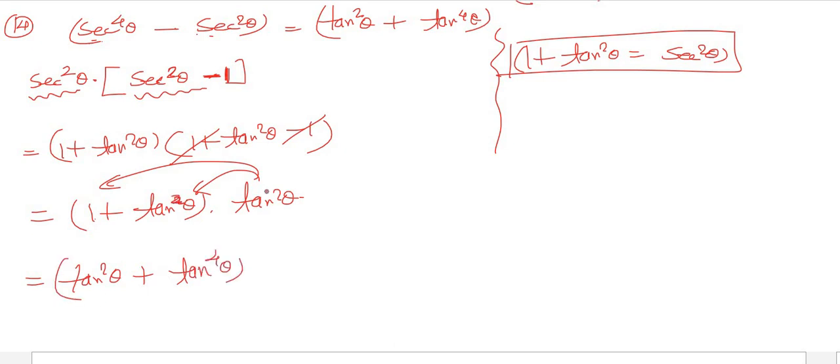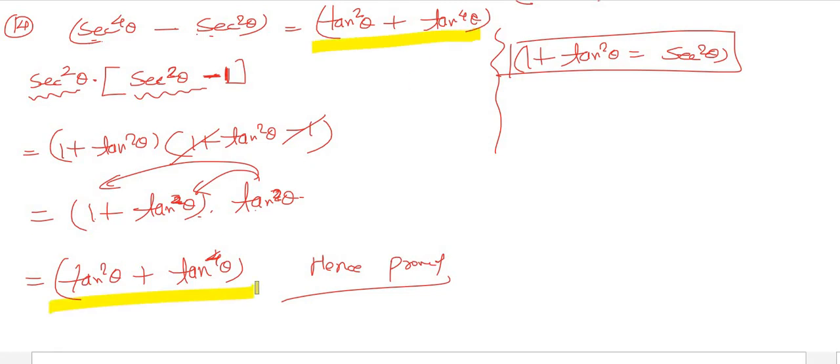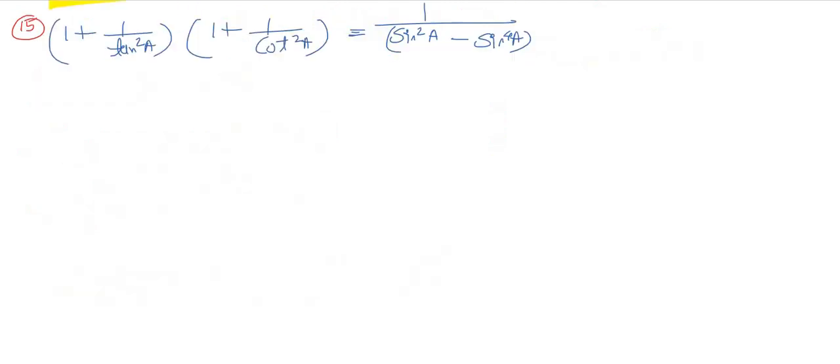Because this is a square and square into square will become power 4. So I feel it is hence proved. See, this is matching. Next question. You pause it and try on your own. This is a very good question from an exam point of view.